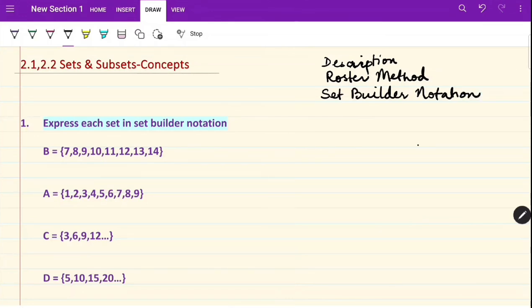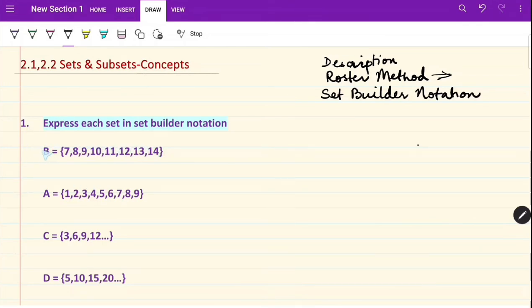So the first question says, express each set in set builder notation. All these sets that we have to express in set builder notation are currently in the roster method. In the roster method, we start with a letter and then equals, and then within curly brackets, we list all the elements of the set.